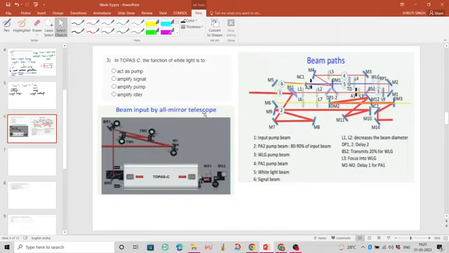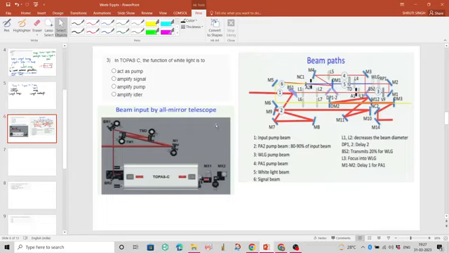Now, this question is regarding the instrumentation part. So, let's discuss a little bit about the instrumentation of this optical parametric amplification, and then we can answer this question directly. So here I have kept the schematic diagram of the setup.